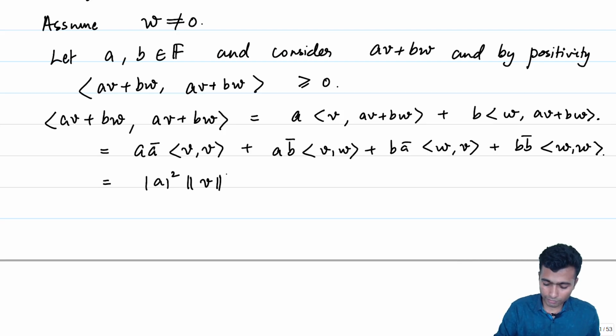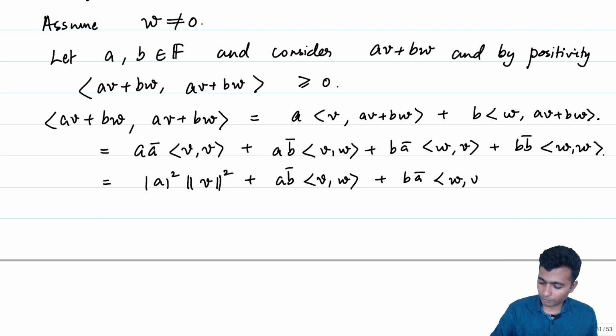And how about inner product of V with itself? That's just the square of the length of V. And then this will be just AB bar VW plus BA bar WV plus mod B square times length of W square.